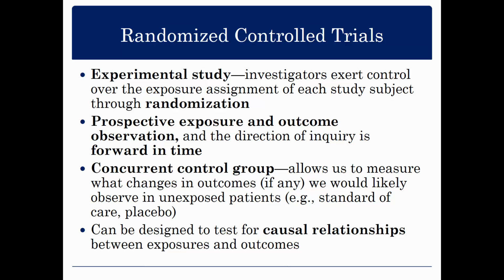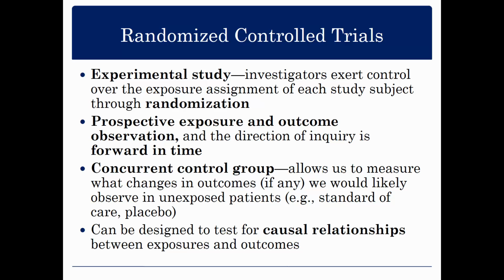It's prospective because obviously you define your study population, you randomly assign them to one of several different treatments or control, and then observe them getting the treatment and observe their eventual outcome. So it's prospective observation. You're actually following them forward in time.